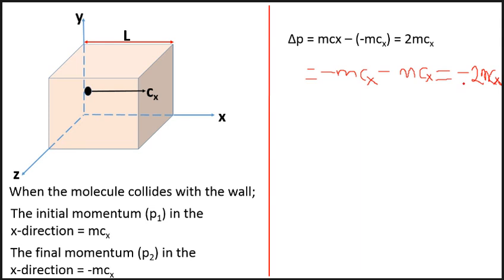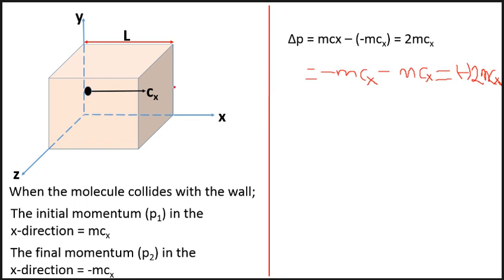Okay, so the negative here is just to give the direction. The direction of the change is to the left. It changes to the left. It's just to give me the direction, so the sign does not really matter.